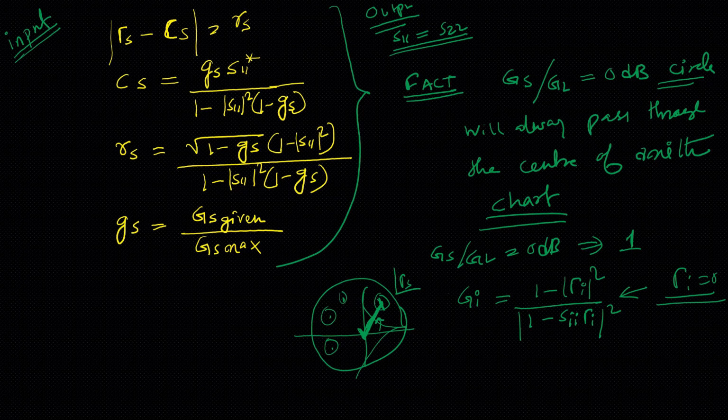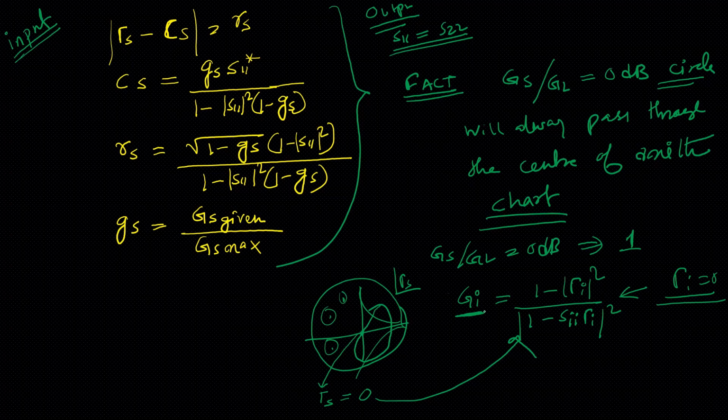So if my 0 dB circle passes through the center, that means at least one point implies gamma s or gamma L equals 0, because magnitude is 0 and angle is 0, and that is what is required for GS or GL to be 0 dB. So in any interview, if they ask why the 0 dB circle passes through the center of your Smith chart, you can give this explanation.